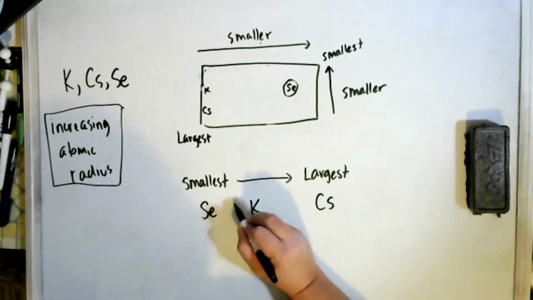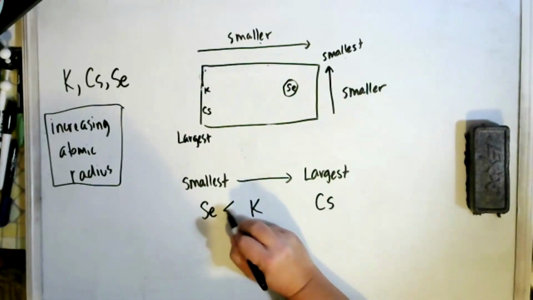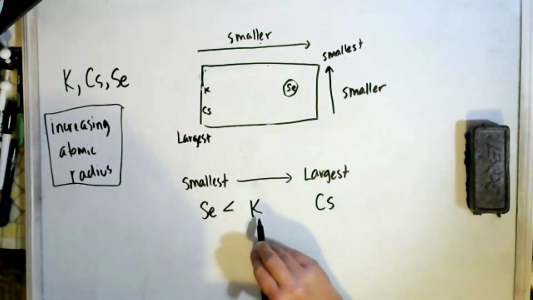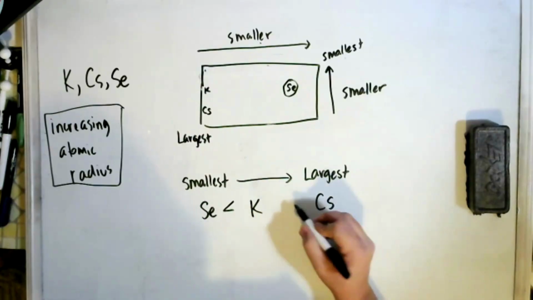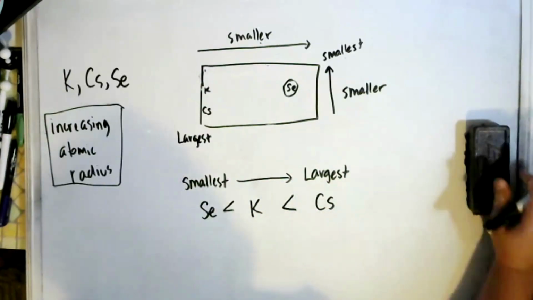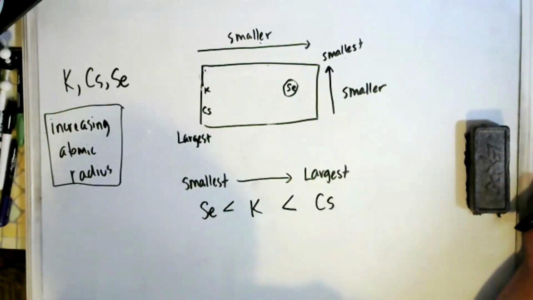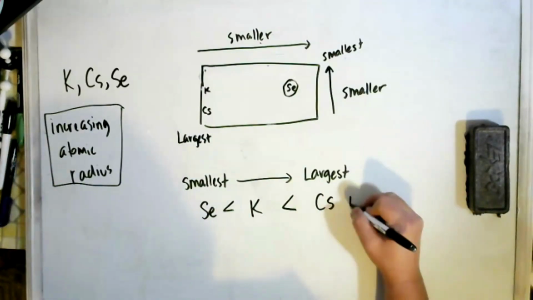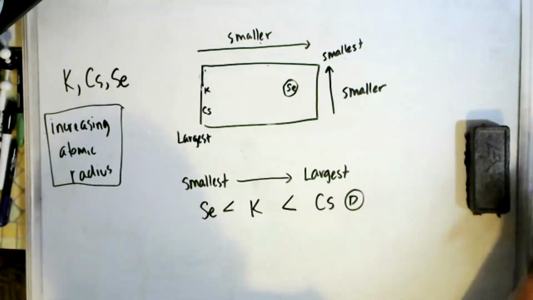So selenium has a smaller radius than potassium, and potassium has a smaller radius than cesium. That's how we get that ordering, and that is going to be answer choice D.